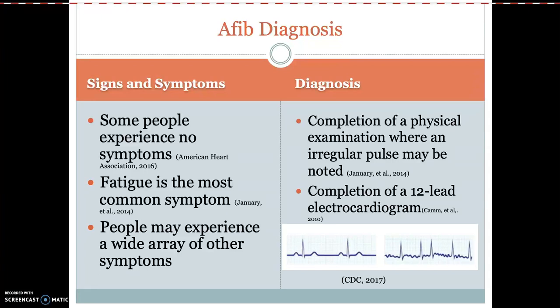After these things have been noted, a 12-lead electrocardiogram should be completed, at which time irregular RR intervals and no distinct P waves are seen for at least 30 seconds in the ECG. As you can see here on the left, this is what a regular ECG looks like, and on the right here is the ECG of a patient experiencing AFib.